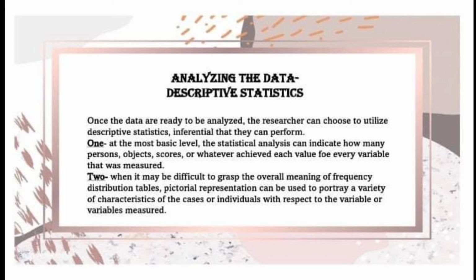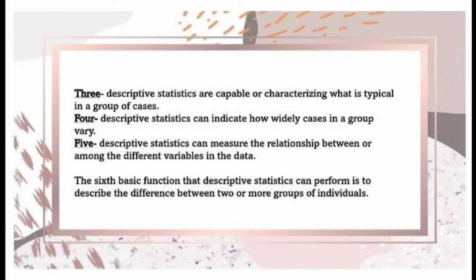2. When it may be difficult to grasp the overall meaning of frequency distribution tables, pictorial representation can be used to portray a variety of characteristics of the cases or individuals with respect to the variable or variables measured. 3. Descriptive statistics are capable of characterizing what is typical in a group of cases. 4.